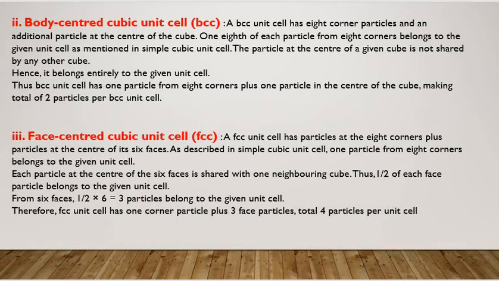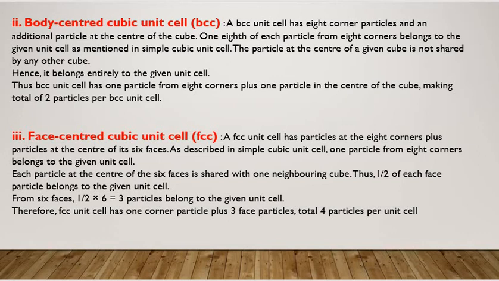Now FCC, the face centered unit cell. A face centered unit cell has particles at 8 corners. Their contribution is 1/8 per particle. So from the corners we get 1 particle in a unit cell, plus each cube has 6 faces, and each face particle, the particle present on a face, contributes its 1/2 part to 1 unit cell.